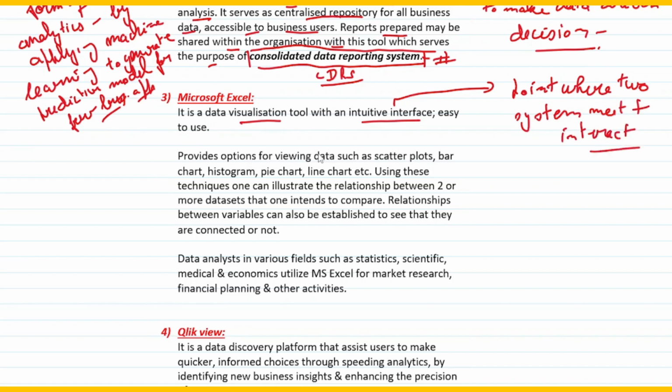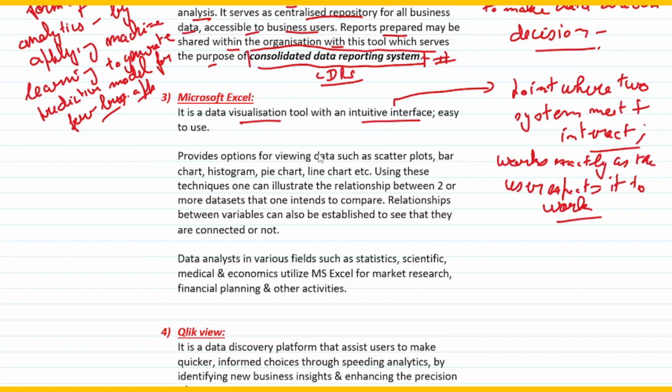The main idea behind an intuitive interface is that it works exactly as the user expects it to work. So whatever you are expecting as a user, an intuitive interface can do that for you. So that is what Microsoft Excel is all about.